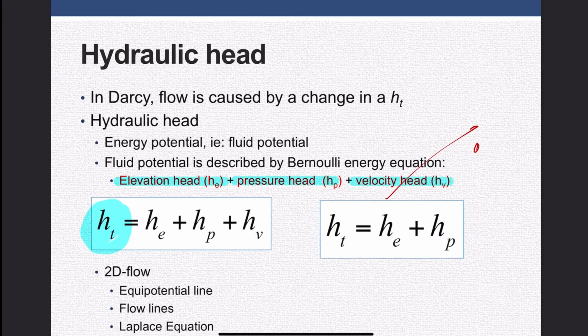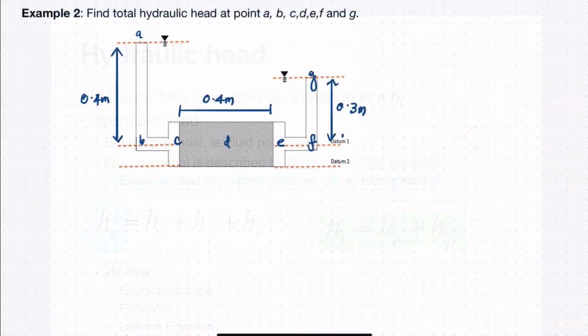This one you can assume is very small, you can assume it's 0. So that's why we only use, to calculate the hydraulic head or hydraulic potential or fluid potential, or sometimes even called energy potential of a liquid subsurface, HT is just the summation of HE with HP, elevation and pressure head.